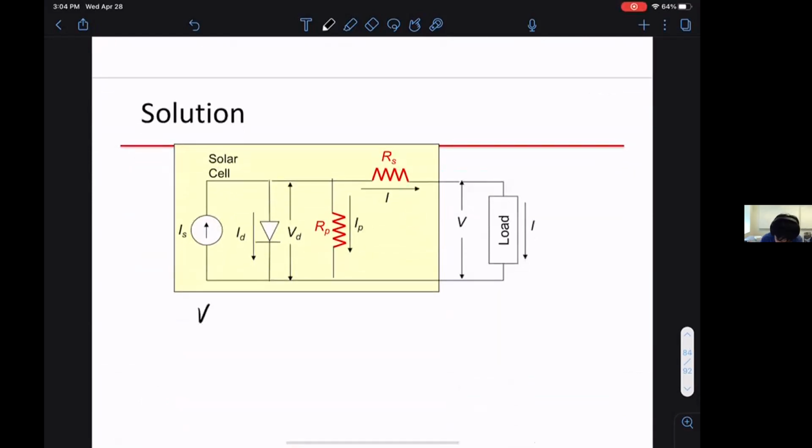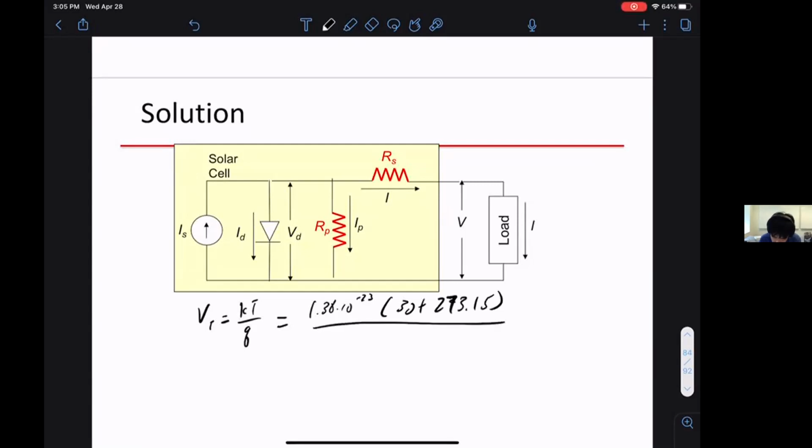So again, we compute the thermal voltage. The important thing to remember is that this is in kelvins, not in degrees Celsius. So this is our VT.